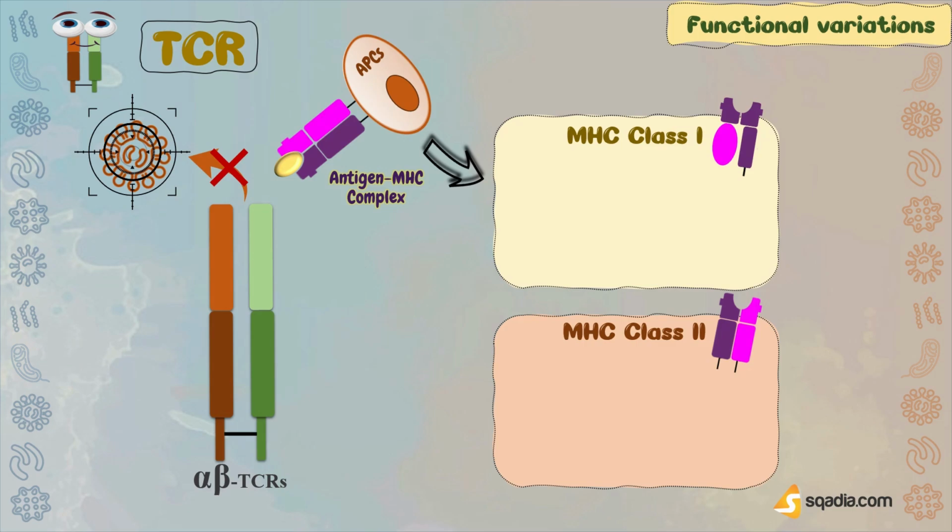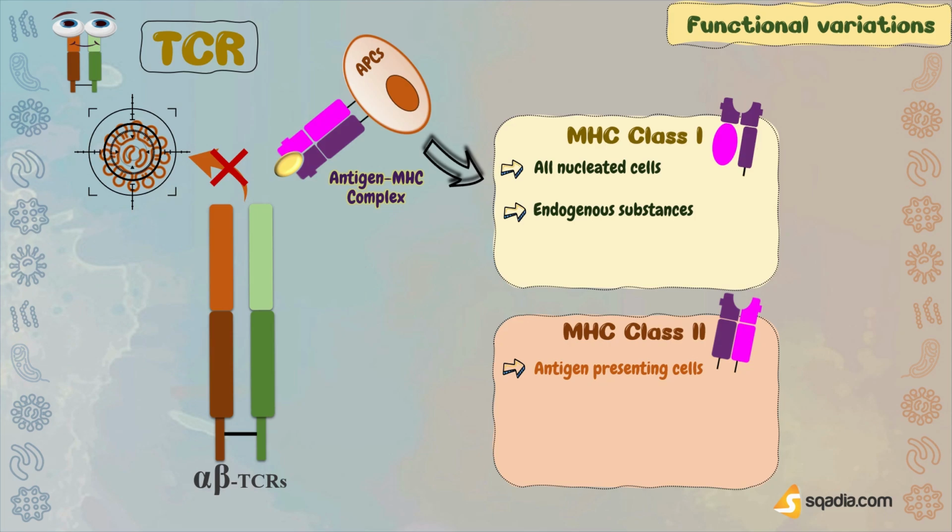The location, type of antigen binding, and interaction with particular subsets of T cells all vary for both these types of MHC molecules. Such as, MHC1 molecules are found on almost all nucleated cells. But MHC2 molecules are found on antigen-presenting cells only.